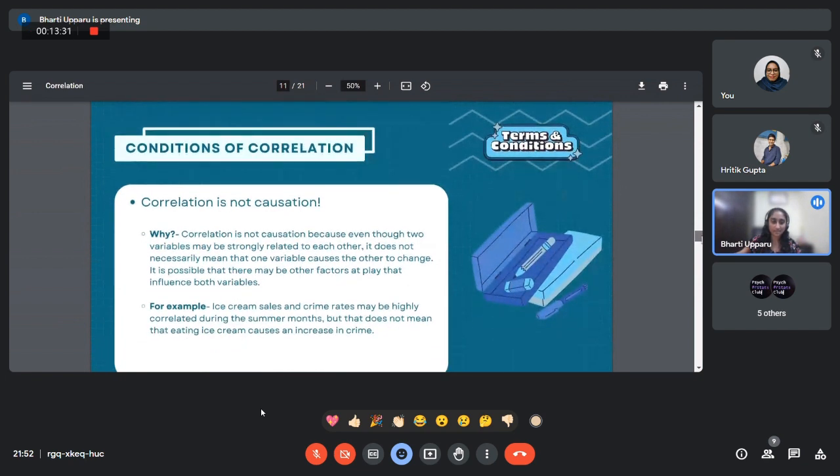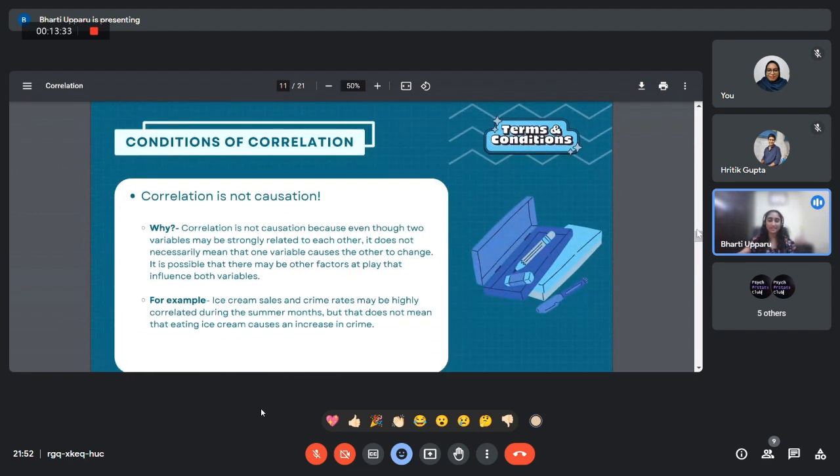The next condition is something that we have heard a lot and read a lot, even if you're studying intro to statistics: that correlation is not causation. Even if two variables are correlated strongly to each other, it does not mean that one variable is causing an effect on another variable.